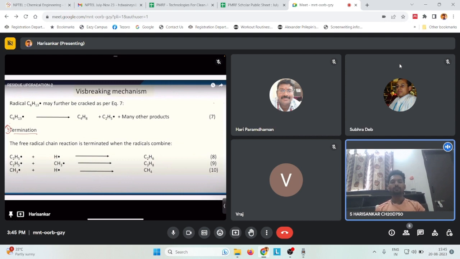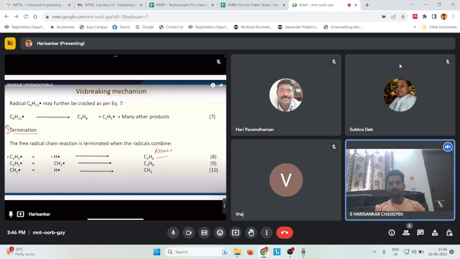So once all these compounds are broken down into smaller products, we need to terminate this free radical mechanism. To terminate it, two free radicals will react with each other. For example, this C2H5 free radical and H free radical will react with each other to form a C2 alkane.